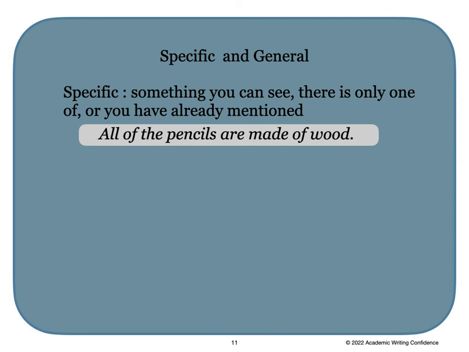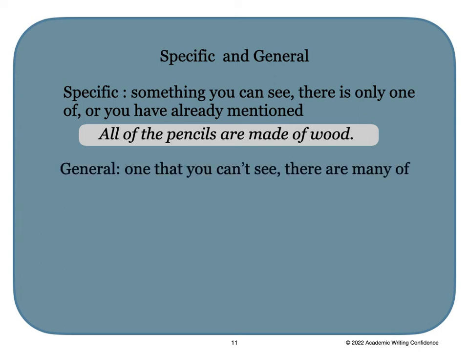So one more time, how do we use these phrases? When we're speaking of something specific, something you can see or there's only one of, or you already mentioned it, then you need to use this sentence pattern. All of the pencils are made of wood. When speaking about something in general, one that you can't see or there are many of, then you want to use this pattern.